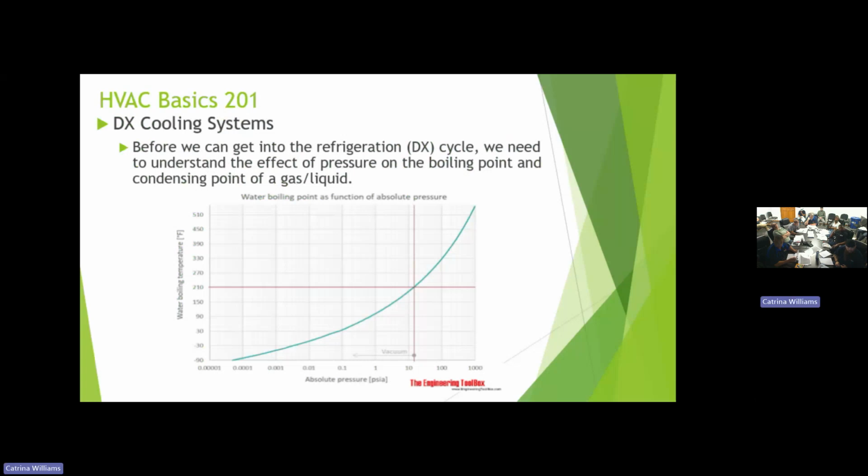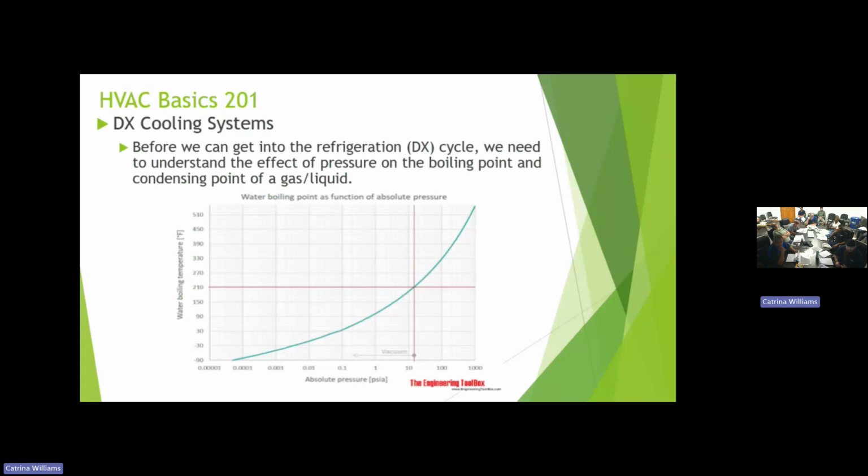Now, I saw this firsthand: if you start bringing this unit into a vacuum, I've seen water boil at 100 degrees because it's in a partial vacuum. On the other extreme, if you start getting 100 pounds of pressure, you have to reach 330 degrees before it's going to boil.